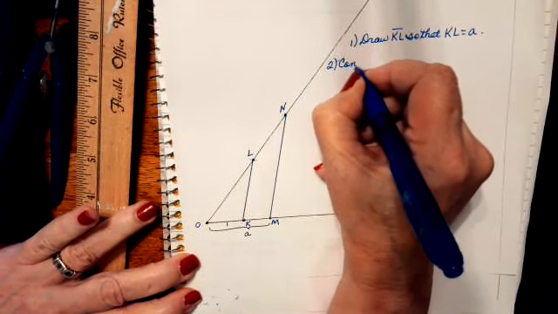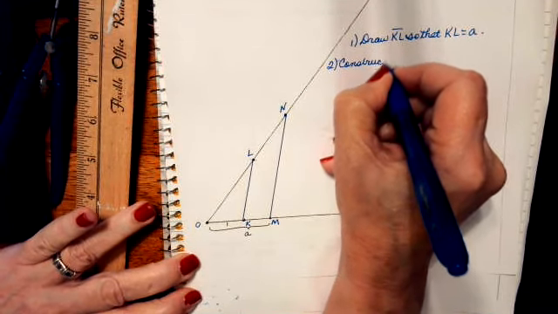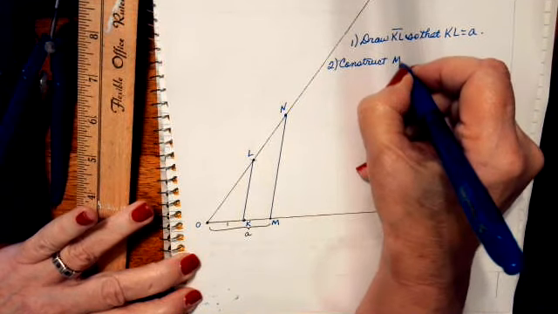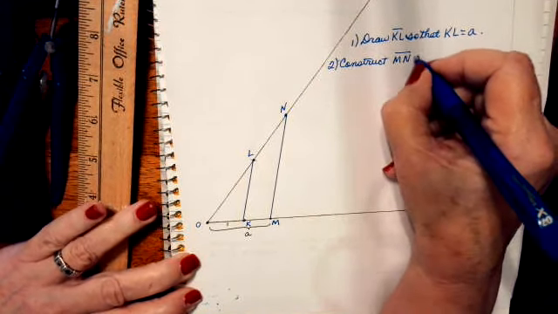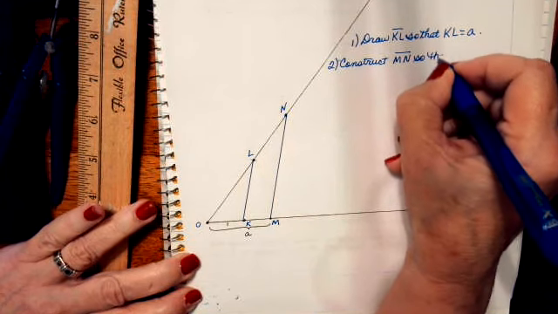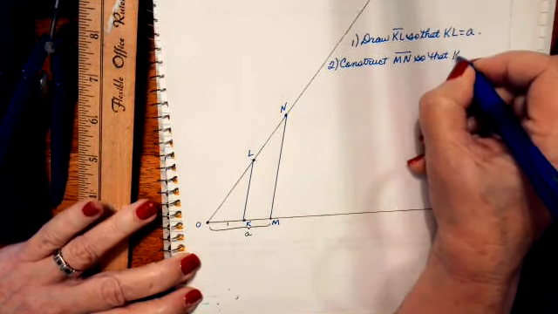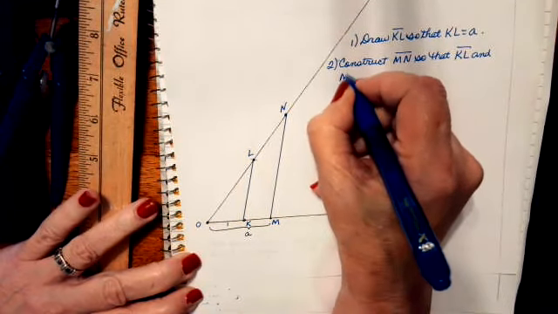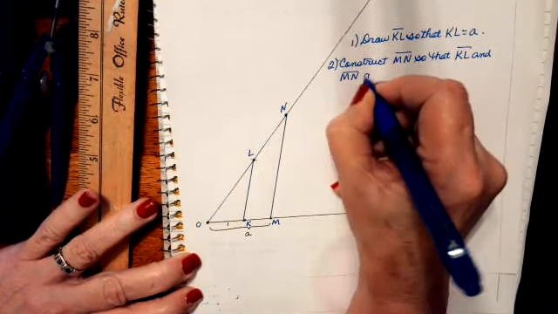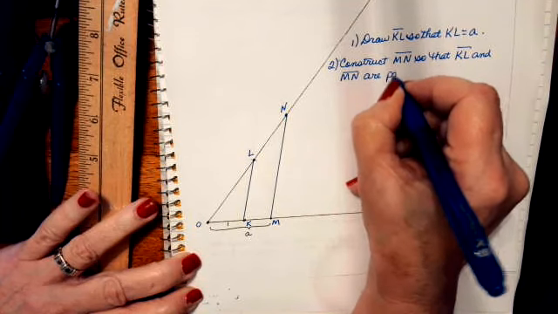Construct line segment MN so that KL and MN are parallel to each other.